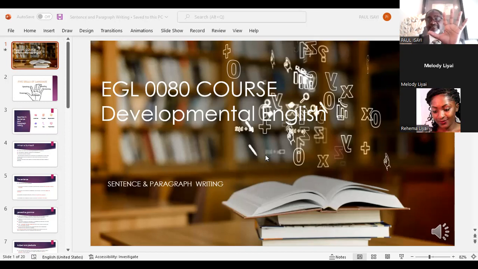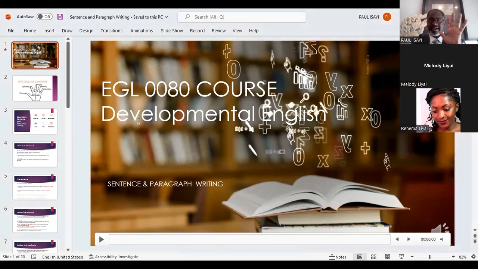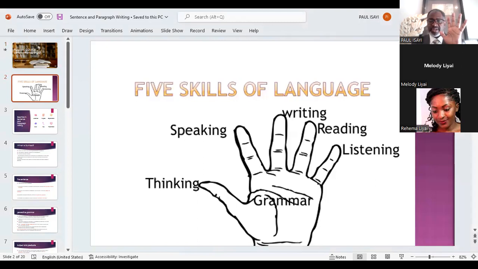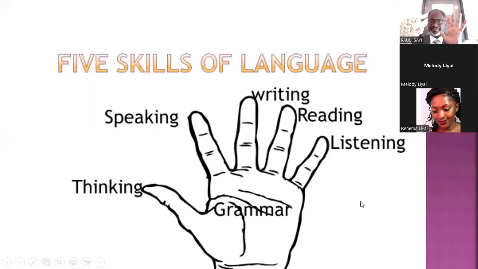These 5 things are very important, just like the fingers on my left arm. You cannot hold anything with this hand when you miss any finger here. Now, this little finger represents listening, and listening is intake.